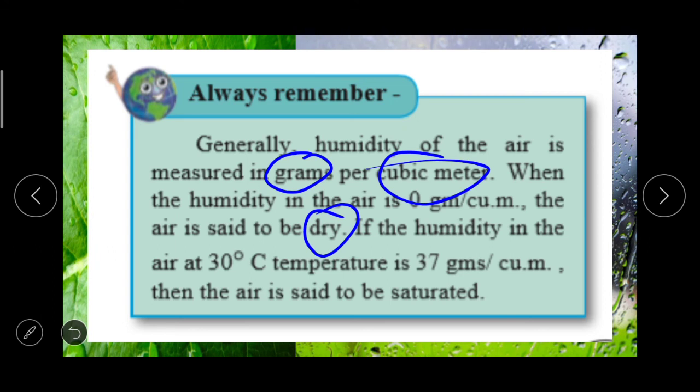If the humidity in the air at 30 degrees Celsius temperature is 37 grams per cubic meter, then the air is said to be saturated.